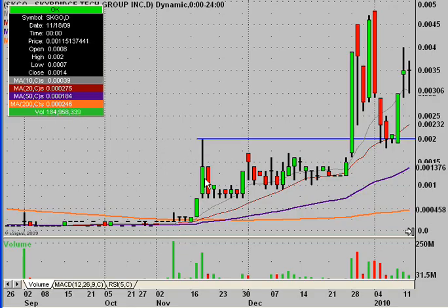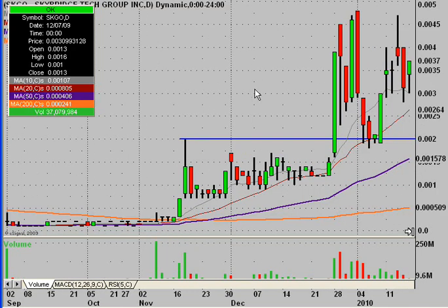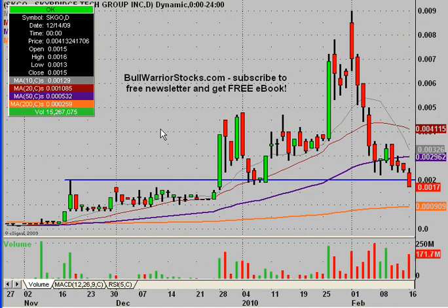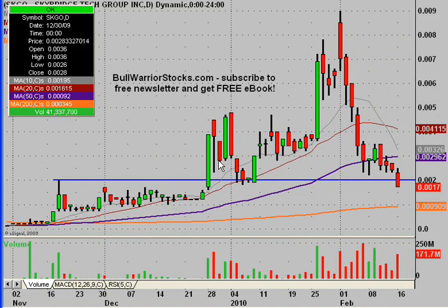Had the big move, and it capped out at 0.002, which acted as resistance for a while. And then when it was broken, it made a nice pop up here on the pullback. Great example of a resistance becoming a support. So the price bounced back up off that support, as you can see there. Then we had another move up, and now we're all the way back down to this key level here.